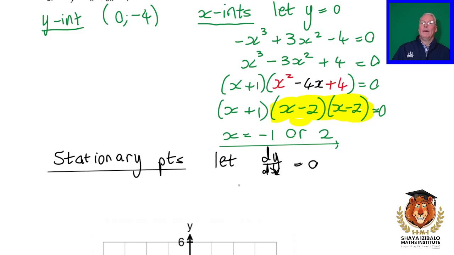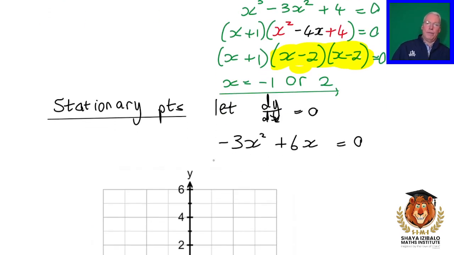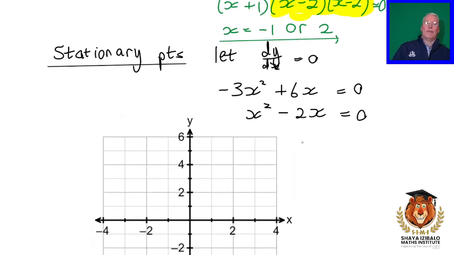And when we do that, remember how we differentiate: -3x squared + 6x = 0. Okay, and now we can divide both sides by -3. We get x squared - 2x = 0. And this, in fact, factorizes to x(x - 2) = 0. So as I promised you, one of the turning points is actually at 2. So x = 0 or 2.